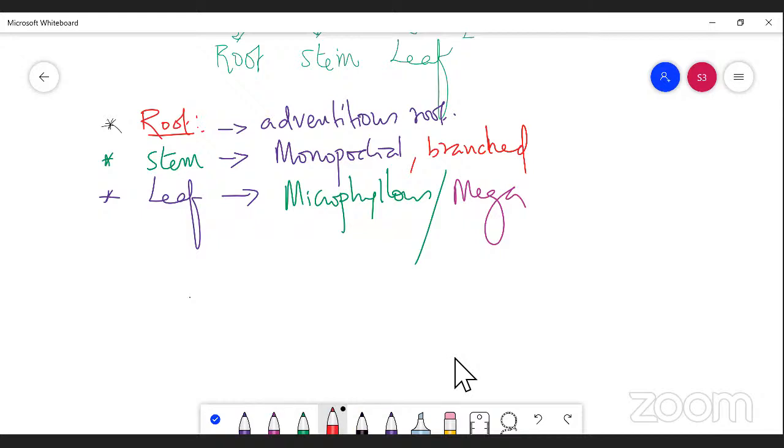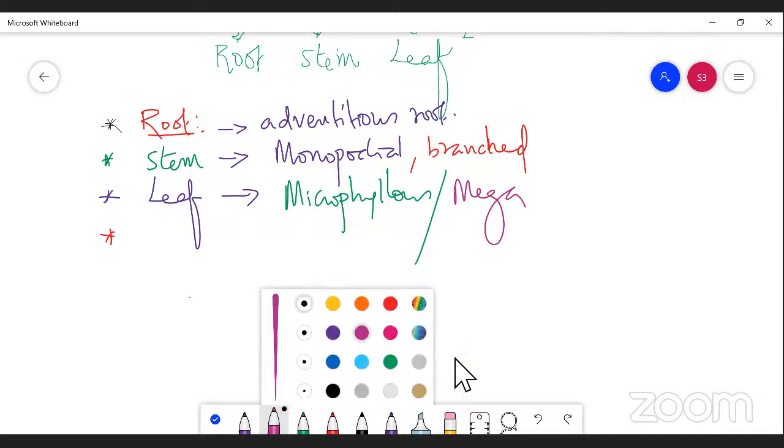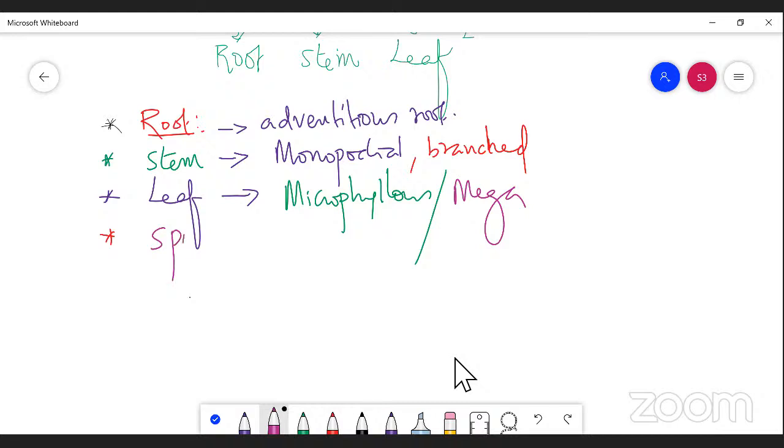Okay, the next one, the sporangia. There are two types of sporangia: one is microsporangia and another is macrosporangia. Micro and macro, right?